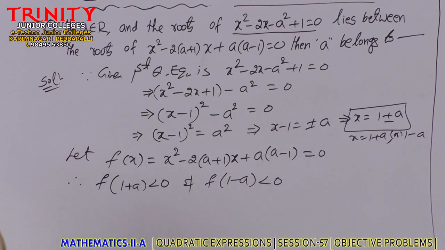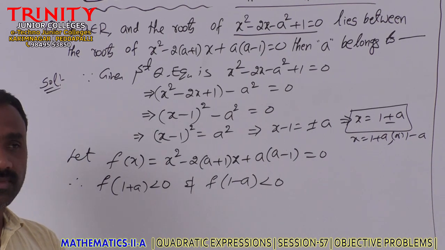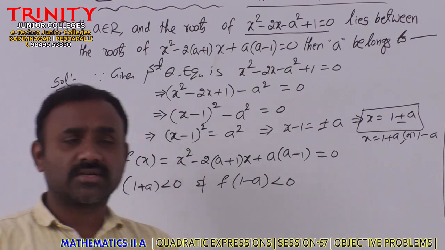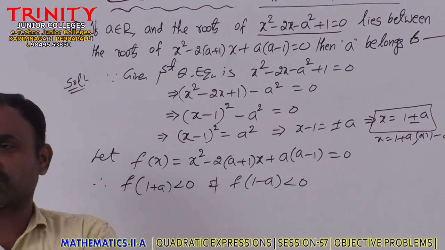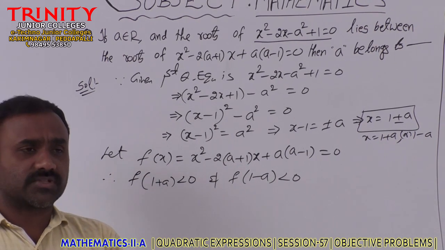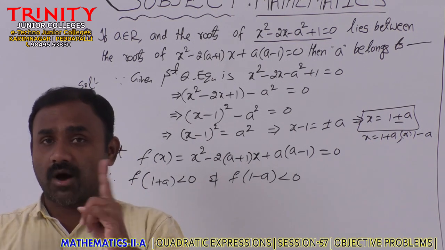When the roots lie between, already we have discussed the sign of the quadratic expression. If ax square plus bx plus c, if x square coefficient a is greater than 0, then the expression should be less than 0. Means x square coefficient a and ax square plus bx plus c have opposite signs.